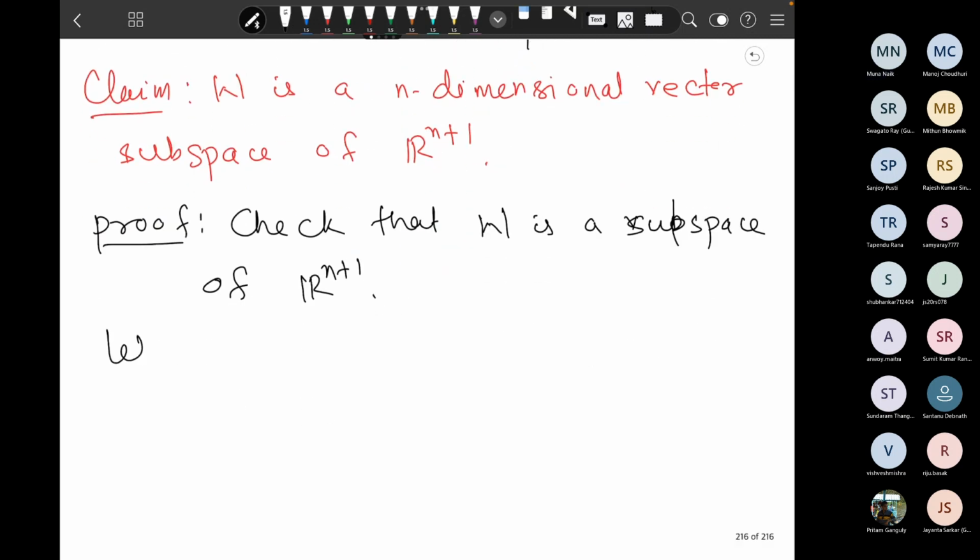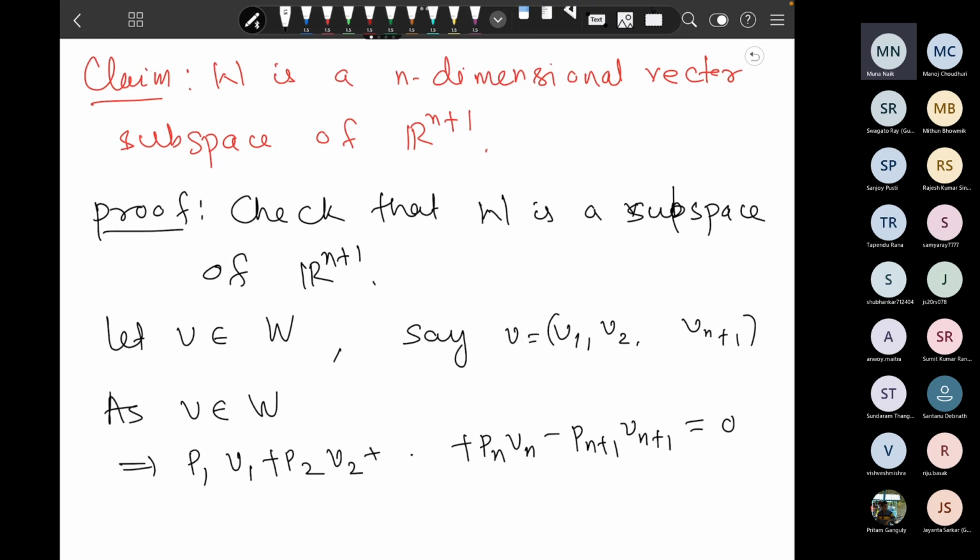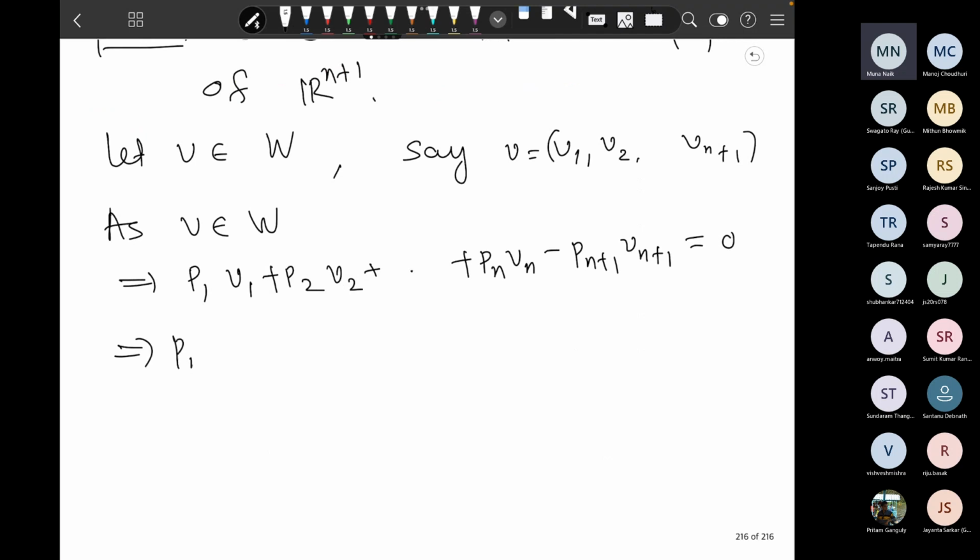Now let v equal (v1, v2, ..., v_{n+1}) belong to W. That means P1 v1 plus P2 v2 plus ... plus Pn vn minus P_{n+1} v_{n+1} is 0. So P_{n+1} v_{n+1} equals P1 v1 plus P2 v2 plus ... plus Pn vn.